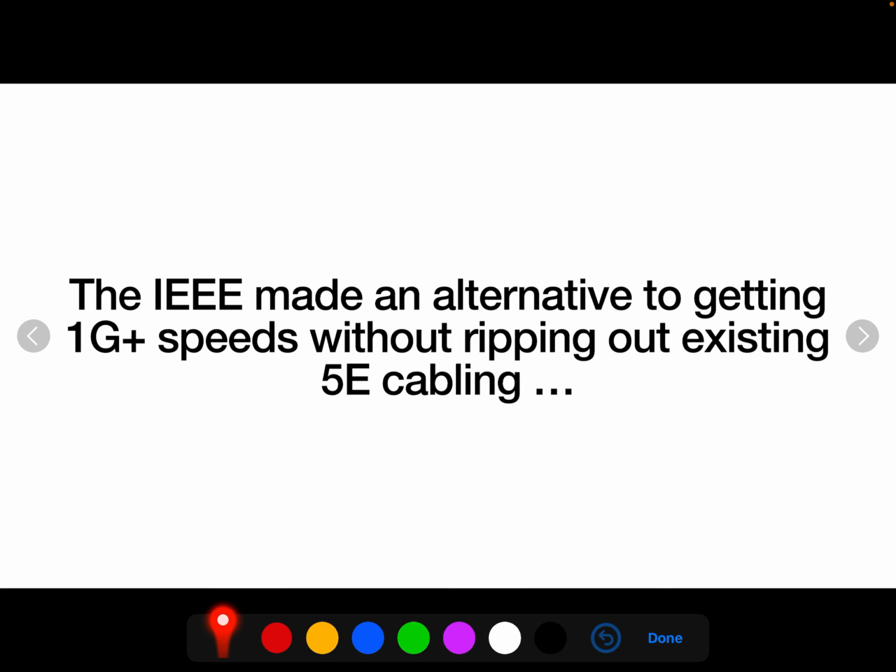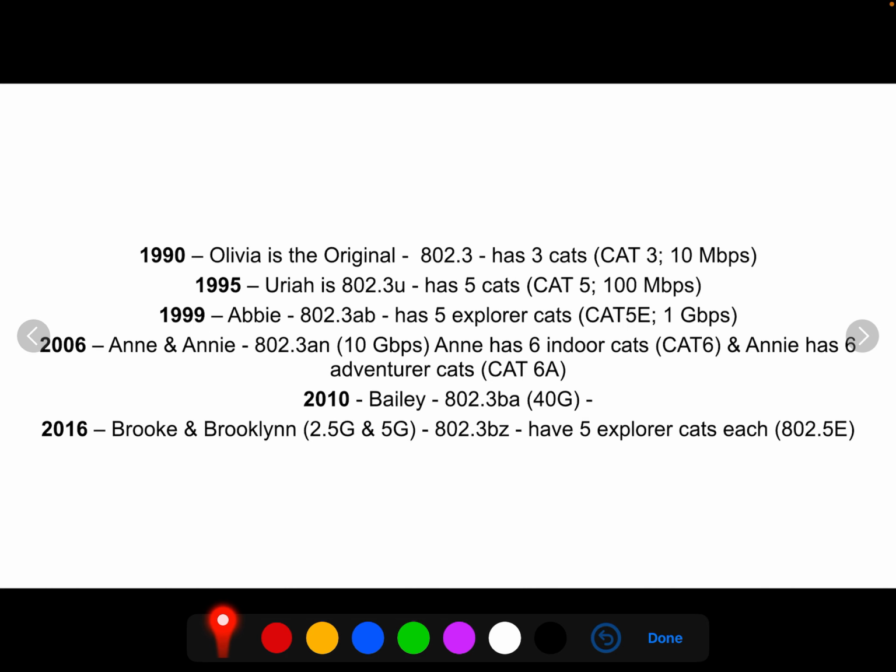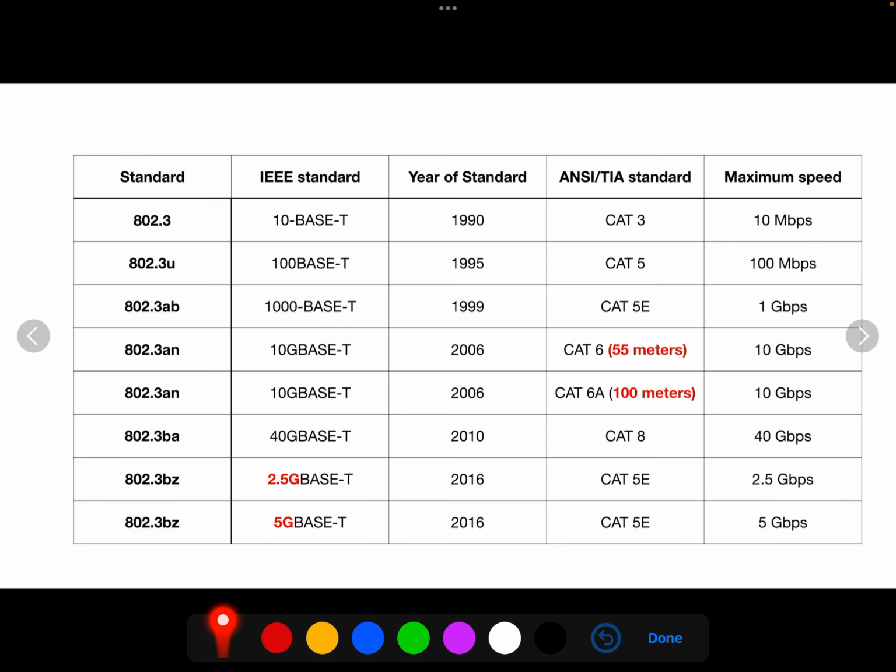If you had an organization between 1999 and 2006 that would have installed Cat 5e cabling, that organization would have invested quite a lot of money to install this type of cabling. However, when it came to the new kid on the block in 2010, a Cat 8, H.3BA, which we call Bailey, this was doing 40 gig per second.